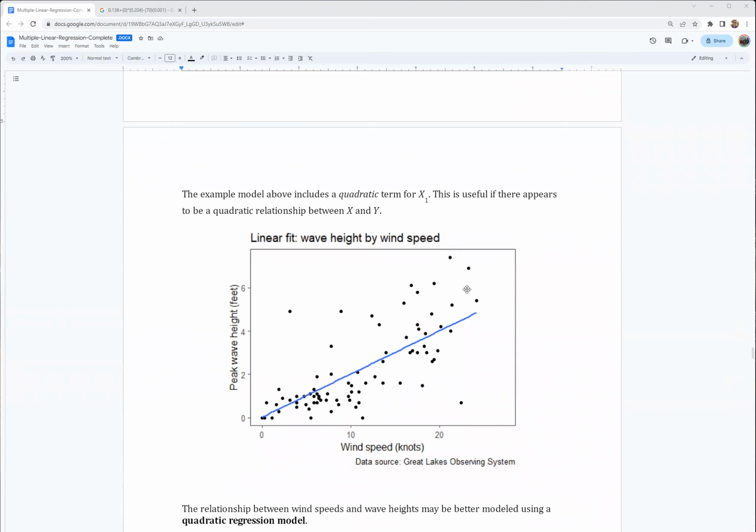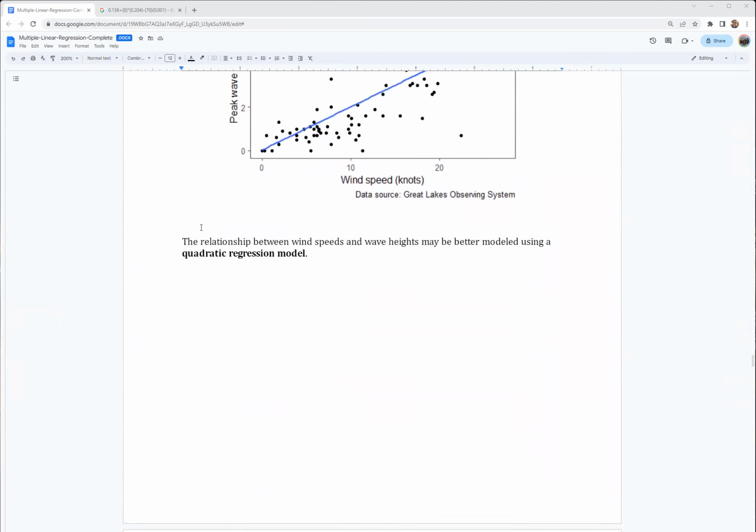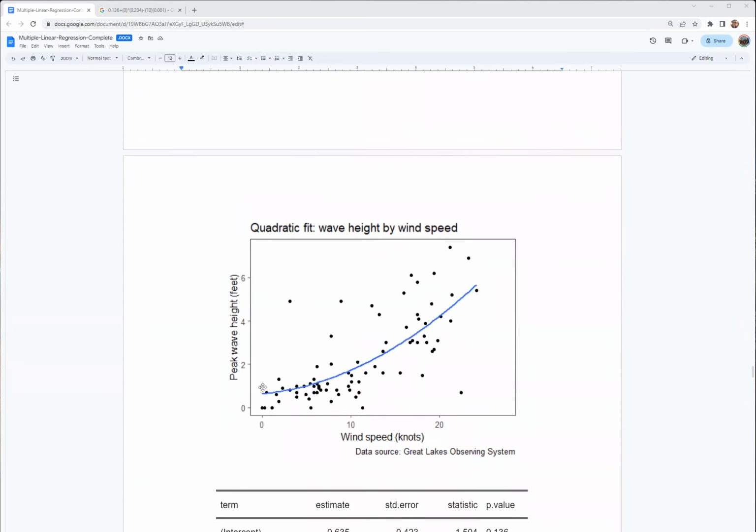When we're just fitting a single linear relationship here, we're assuming that the points follow this straight line pattern, which maybe seems reasonable here. But with the quadratic regression model, where we plot the quadratic or curved fit in R, we're assuming the points kind of follow this trend. Maybe it has exponential growth here.